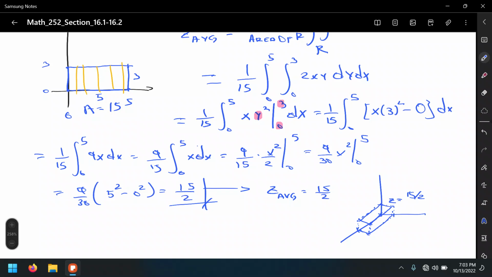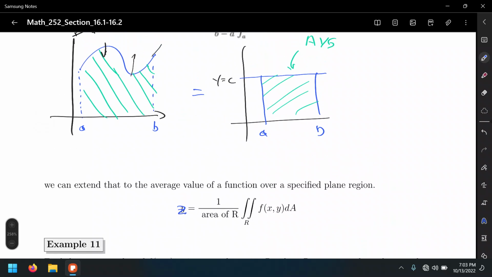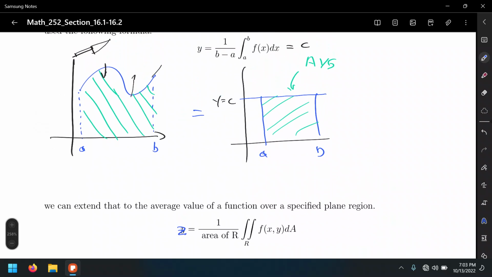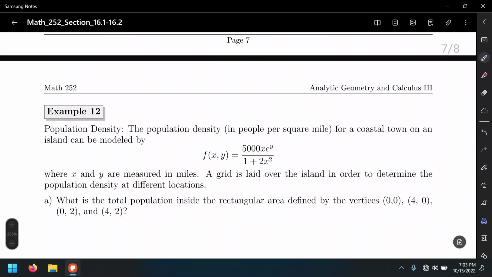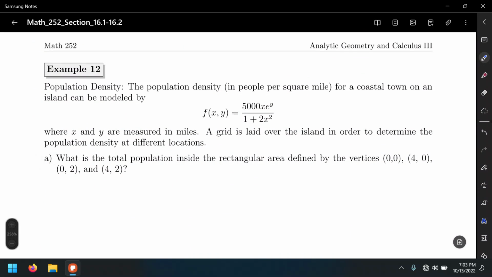If we smash it and suppose it's clay and give it the form of a box, in order to have the same volume, both the hill-looking solid and the rectangular box will be the same, in the same way that we did the peanut butter example with the function and the rectangle, right? So that's the average value in 2 dimensions. Well, actually in 3 dimensions technically.